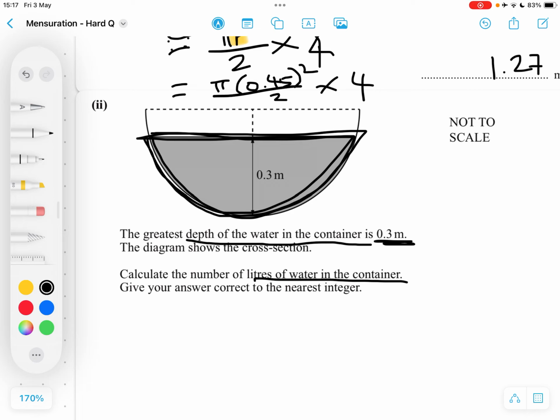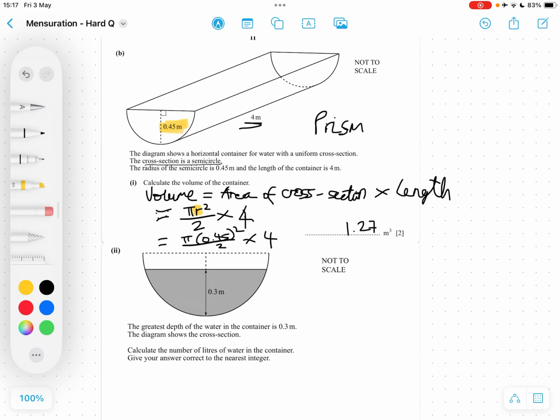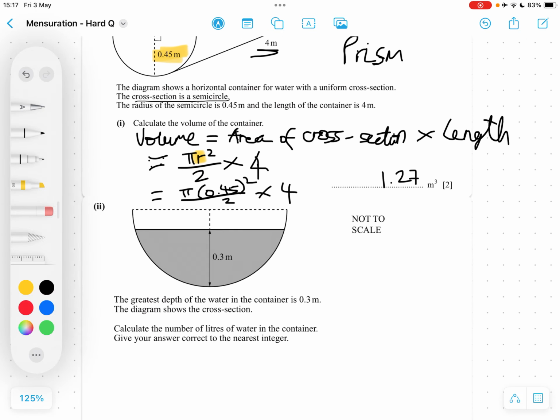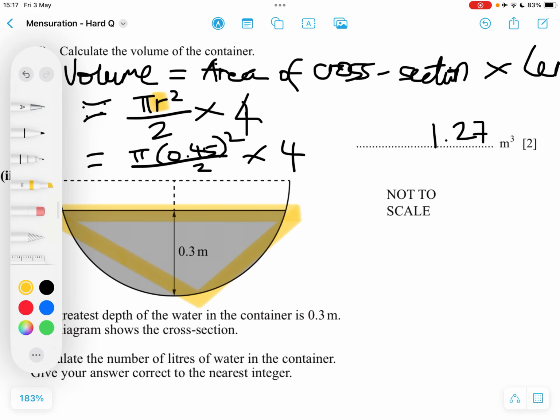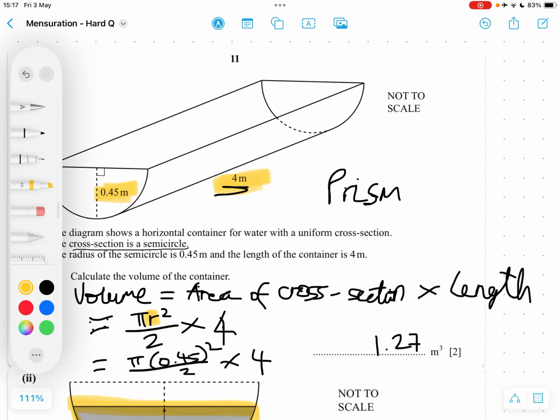Firstly, we know our formula for the volume of a prism. It's the area of the cross section times the length. So we need to find the area of this shape and then multiply it by the length, which is still 4 meters here.